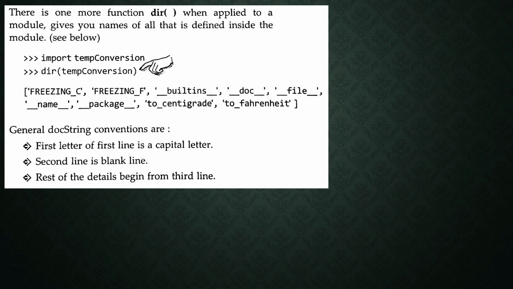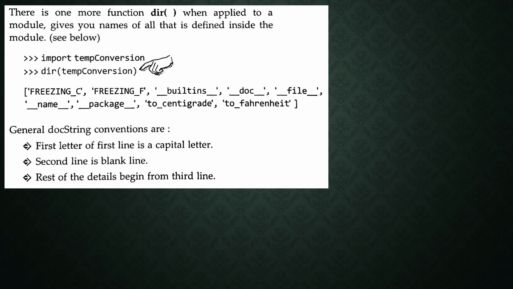Okay, next thing is general doc string conventions. The first letter of the first line is a capital letter. See here, whenever you are going to use doc strings, the first letter of the first line is a capital letter, the second line is a blank line, and the rest of the details begin from the third line.